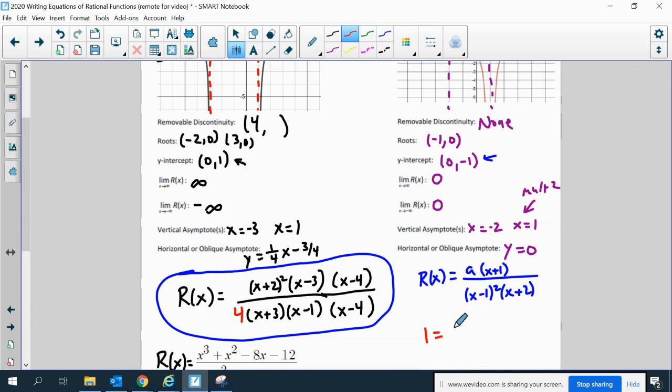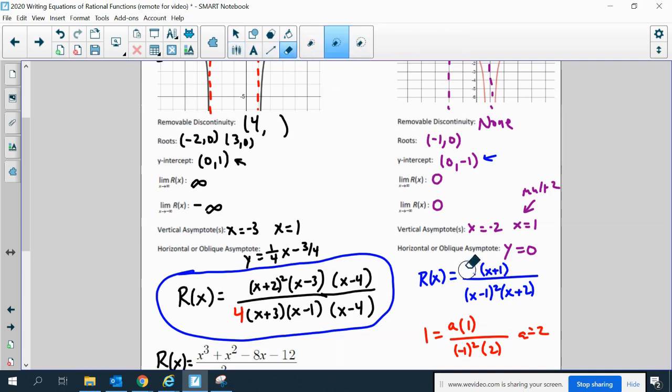So 1 is equal to a times 1 over (-1) squared times 2. So it appears that a is equal to 2 after I solve. So then I write a equals 2, and that's that.